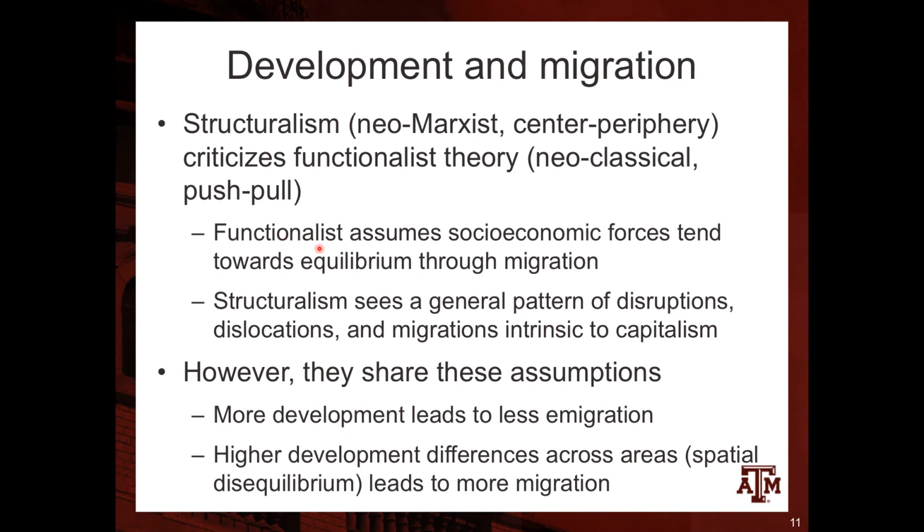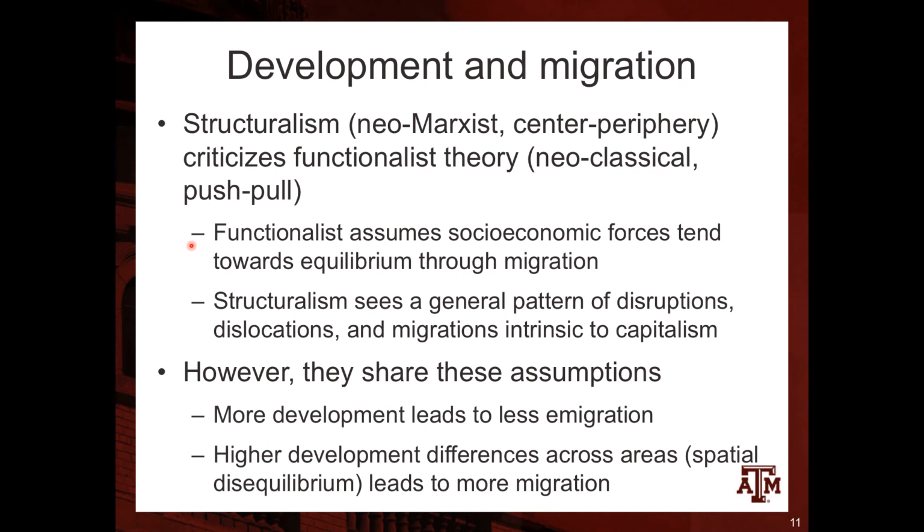The functionalist theory assumes that socioeconomic forces tend toward equilibrium through migration. In the neoclassical theory, you have push and pull factors that make people move from one place to the other. Usually a place that has more unemployment will lose migrants to another country that has more employment opportunities.